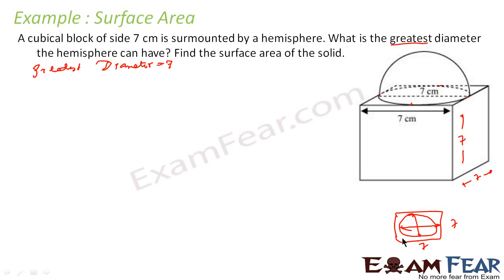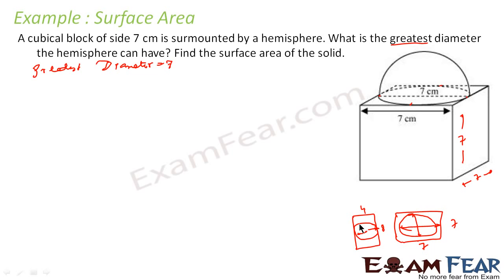Had this been a cuboid, it would have been a different figure. For example, this is a cuboid, a rectangle, which has 4 and 8. Now the maximum diameter we can draw is 4 only. So it will take the minimum of length and breadth. But in this case, both are the same, so it will be 7 only. Correct?